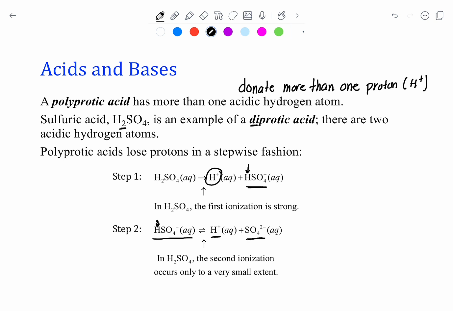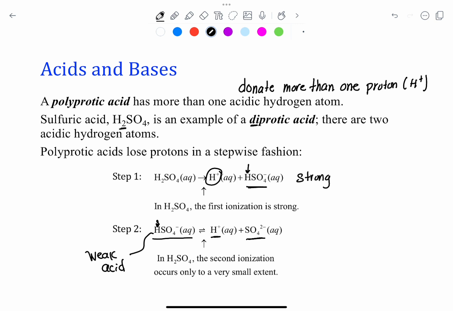Our first step here with sulfuric acid is strong, so we see full ionization of that hydrogen ion and HSO4 minus. However, the second process, where we start with HSO4 minus, is now a weak acid.